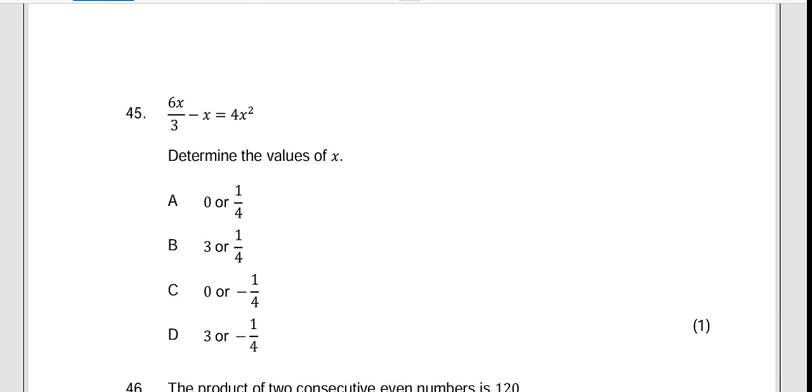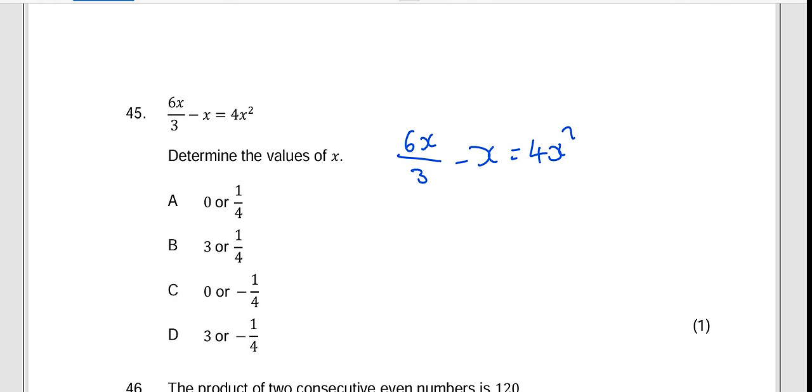Number 45. Determine the value of x. 6x over 3 minus x equals 4x squared.